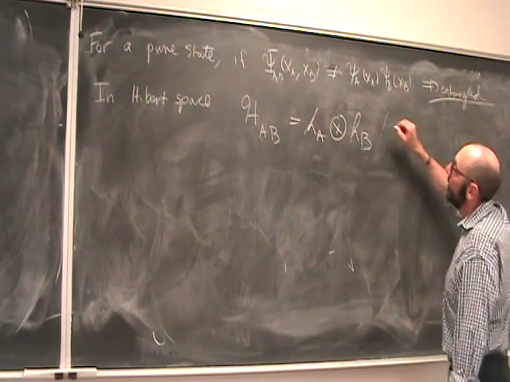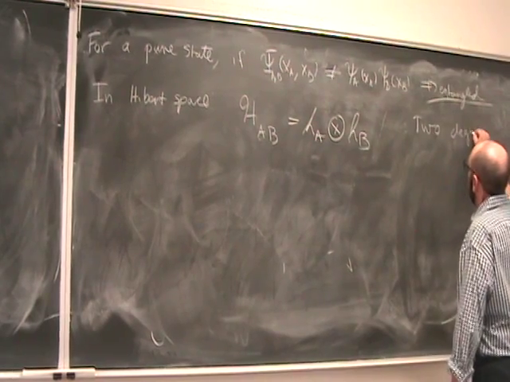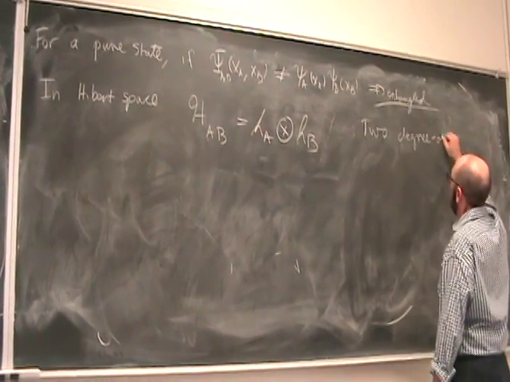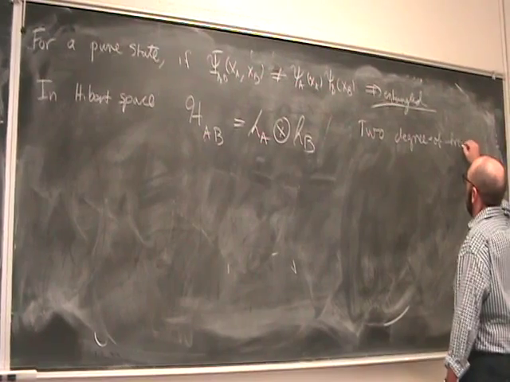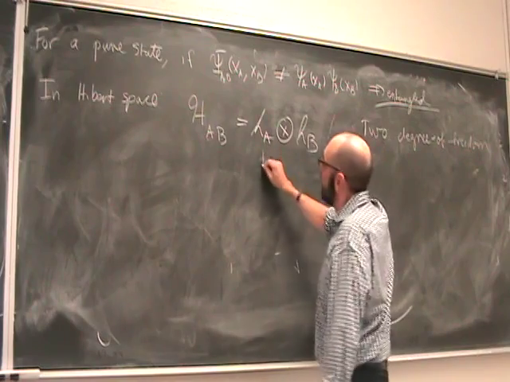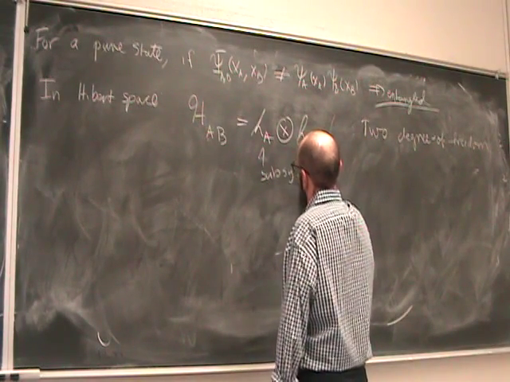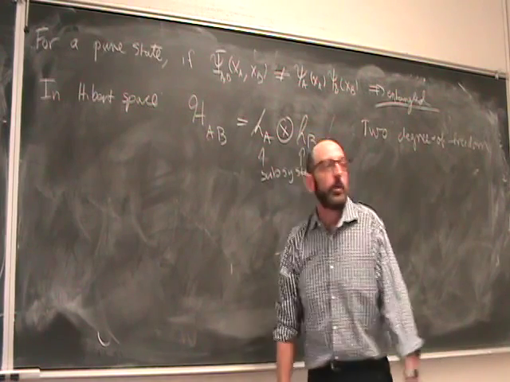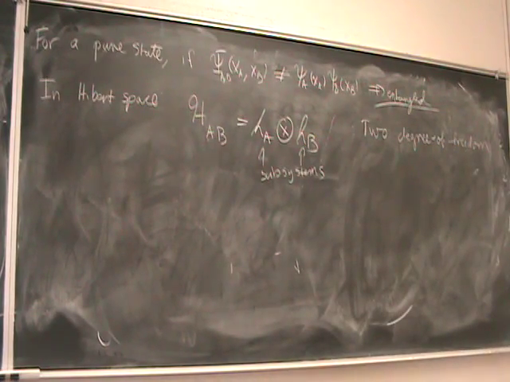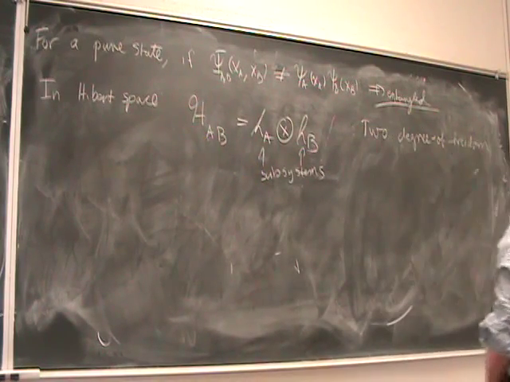So in this case, we have 2 degrees of freedom, which are sometimes called subsystems. So I'm using the term degree of freedom and subsystem interchangeably. What we call subsystems in quantum mechanics is what we call degrees of freedom in classical mechanics.